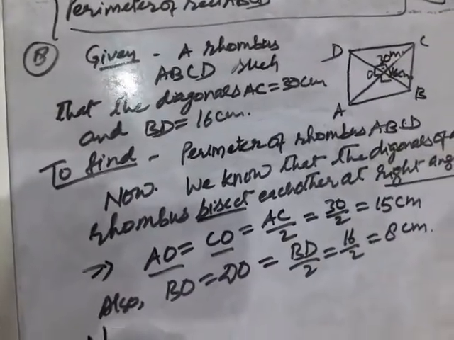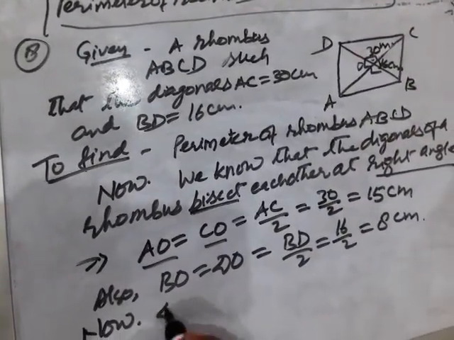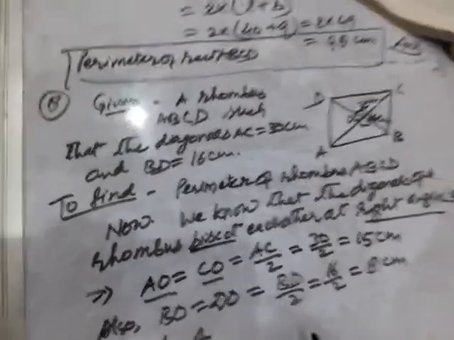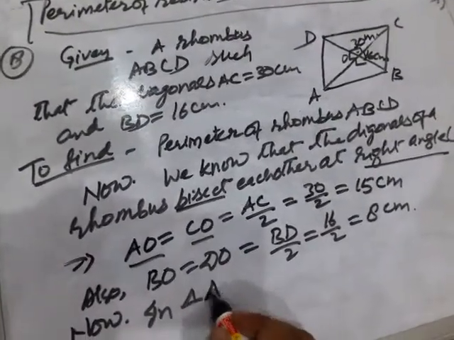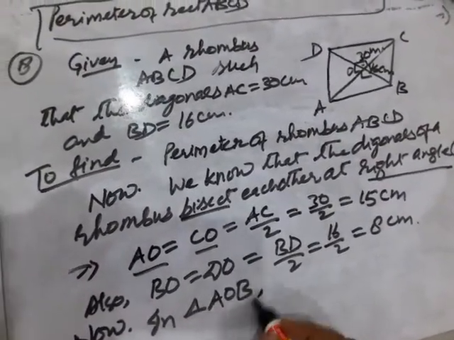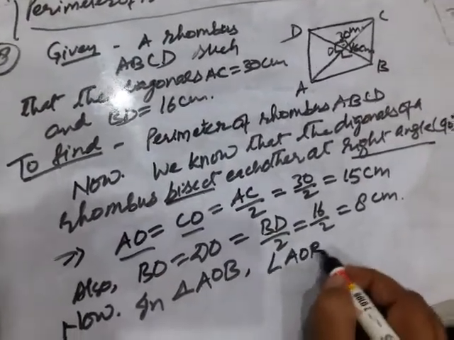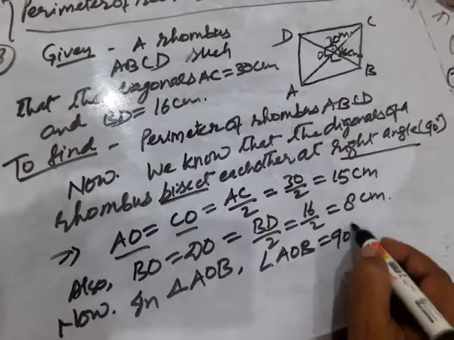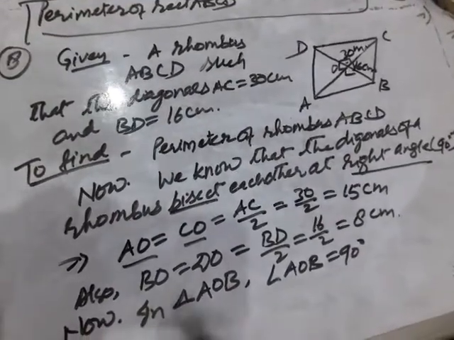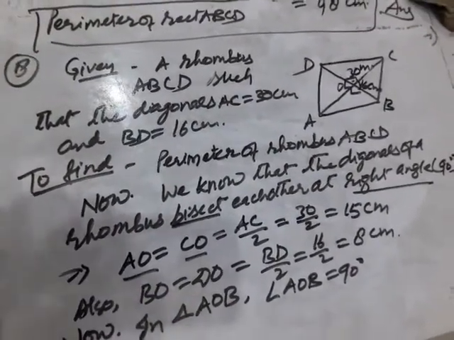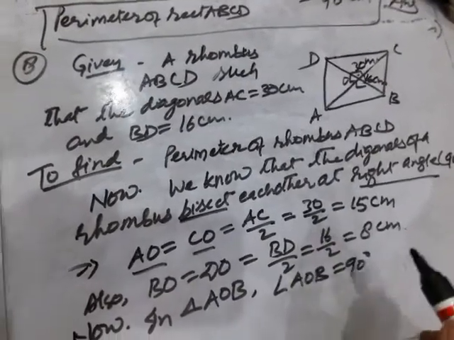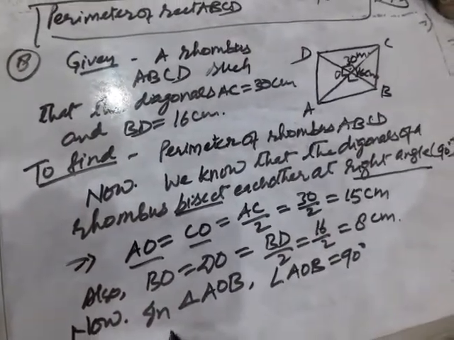Now in triangle AOB, angle AOB equal to 90 degree. This implies that the side opposite to the right angle is the hypotenuse, and it is the longest side.